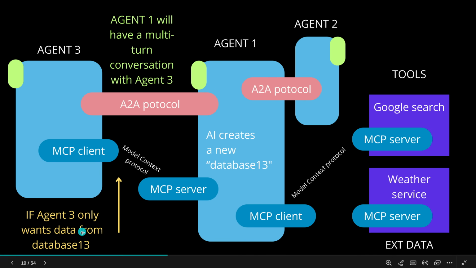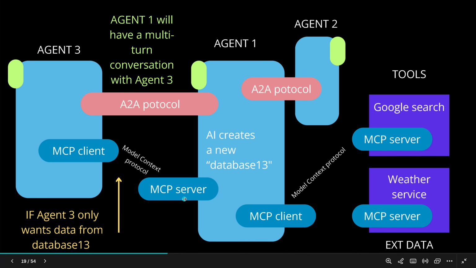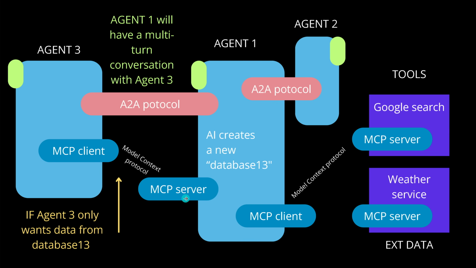If not, if you just want data, an MCP server might be the better solution, or you go with ADK. If you already have established somewhere this client-server setup and MCP, it is compatible. Beautiful. So you see, this is the whole image. This clarifies everything about MCP and A2A protocols.